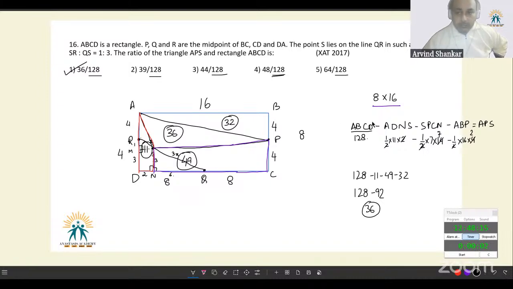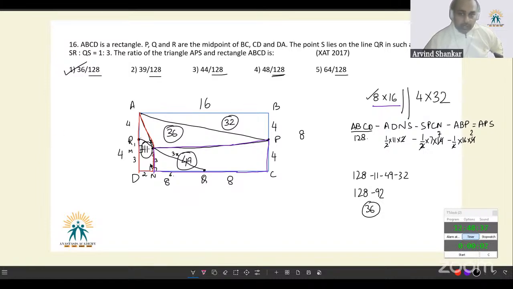I had, let's call it a brain wave, which led me to take the sides length as 8 and 16. And then for my own interest and fun, I also did, would it only work for 8 and 16? What if I took the lengths as 4 into 32? Would it still work?